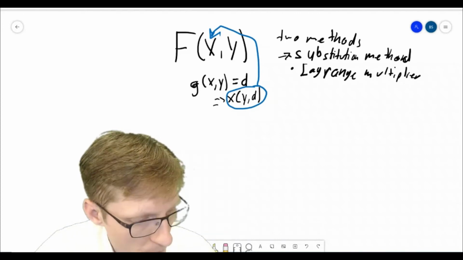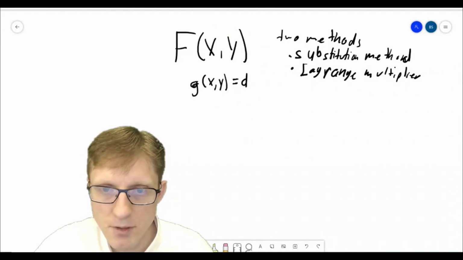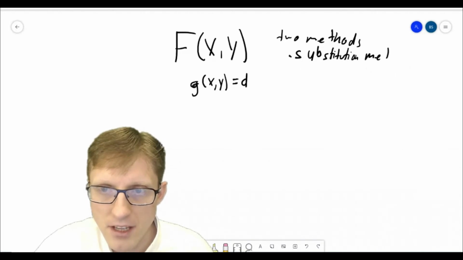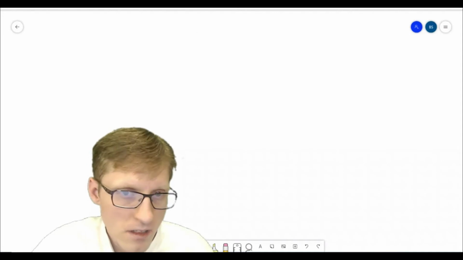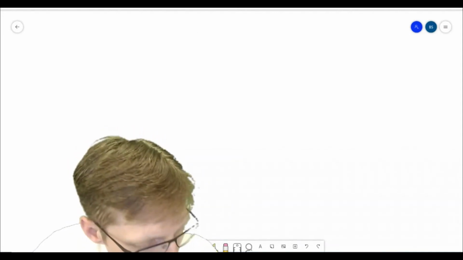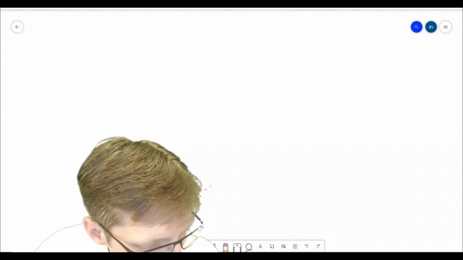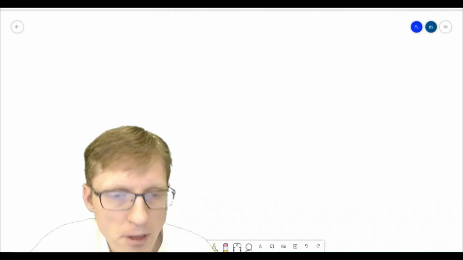So let me just give one more slightly more specific example of the substitution method. Let's say that the constraint is x plus y is equal to 1.